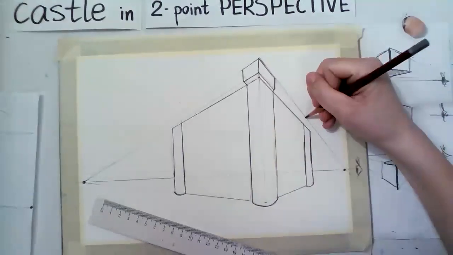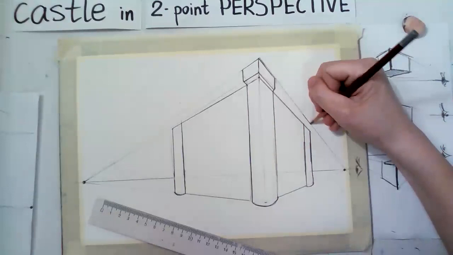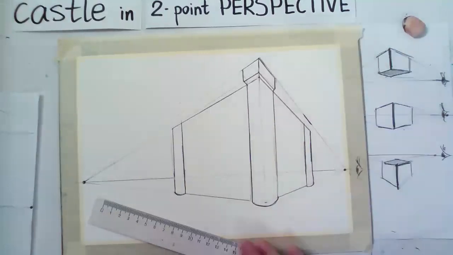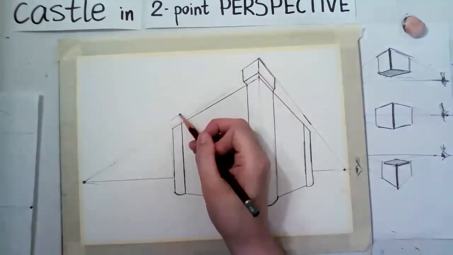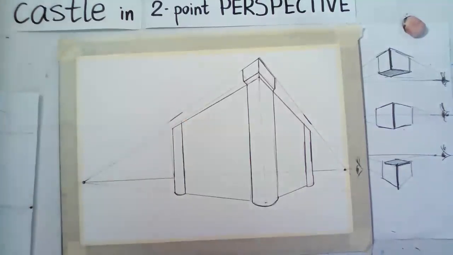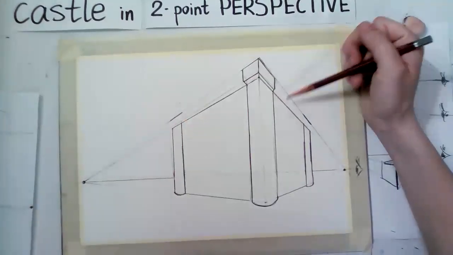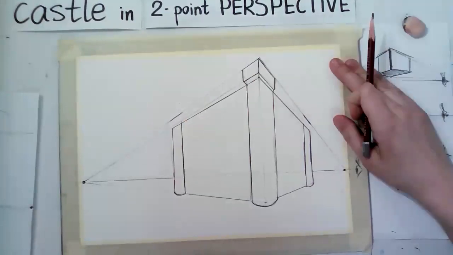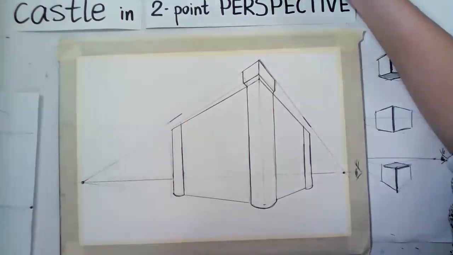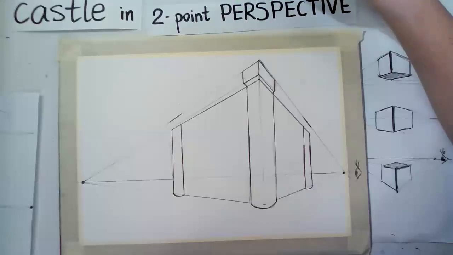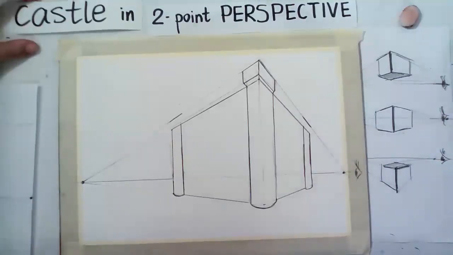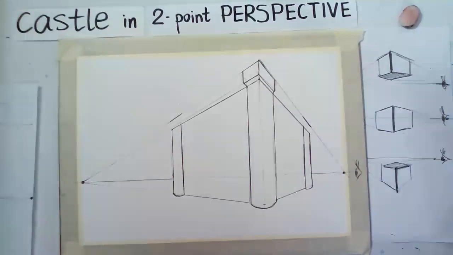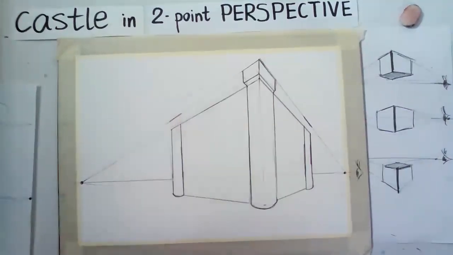Because look here, it's going to give me the height of the other towers. By choosing the height of the first tower and using these perspective lines to the vanishing points, I know the height there.